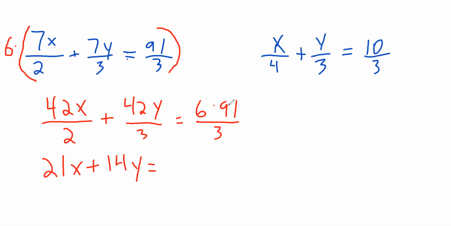Now over here, you have 6 times 91 divided by 3. The 6 and the 3 will have some cancellation, leaving you with 2 up here and just 1 on bottom. And then you need to do 2 times 91, which is 182.